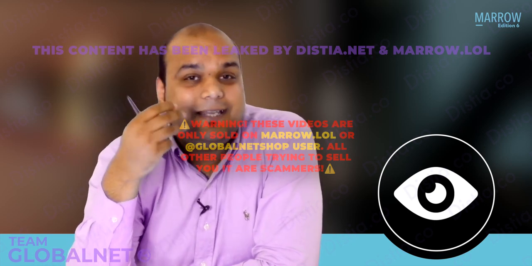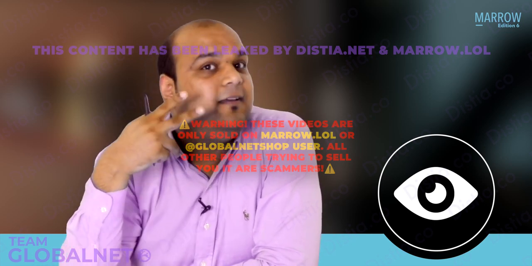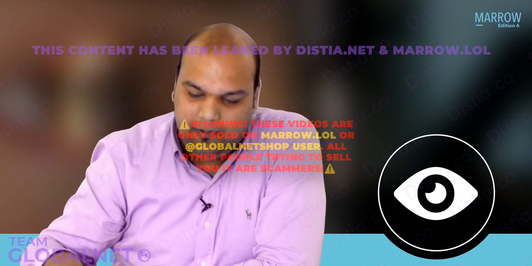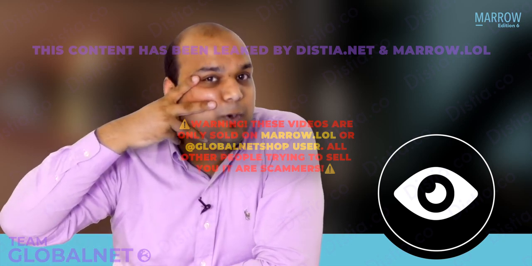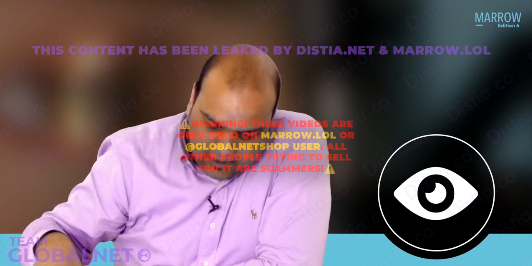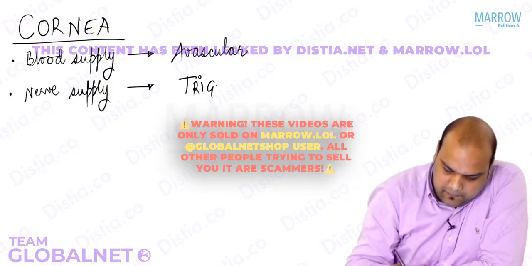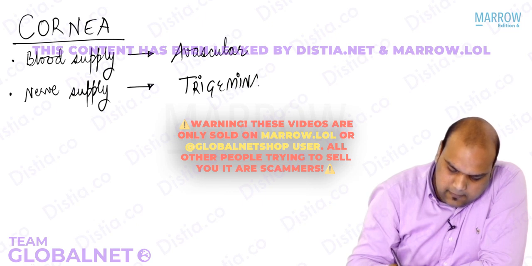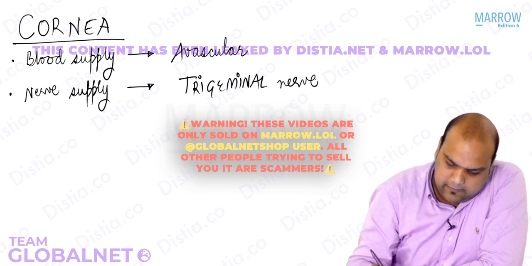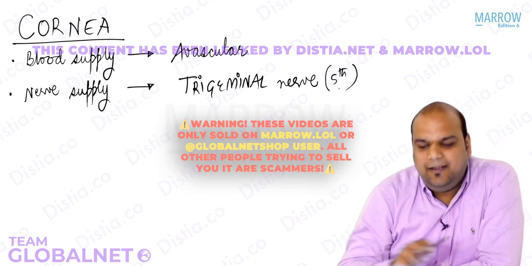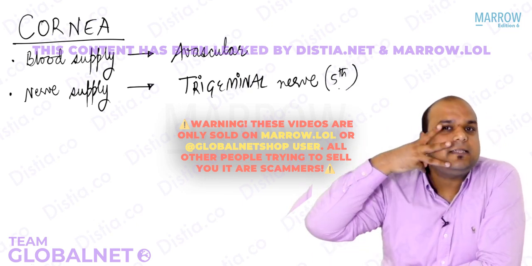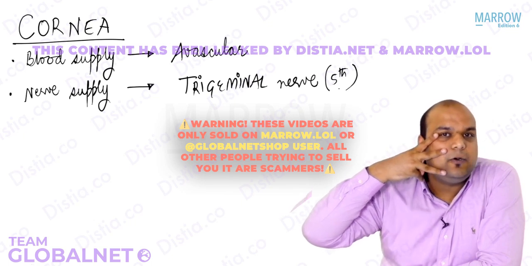Now think about a sensory nerve which supplies our face. Think about this, guys. Look at my hand. Yes, I hope you understand this. Trigeminal nerve. So the nerve supply is the fifth cranial nerve. Now, trigeminal nerve. If you look at my face, there are three branches denoted by these three fingers.